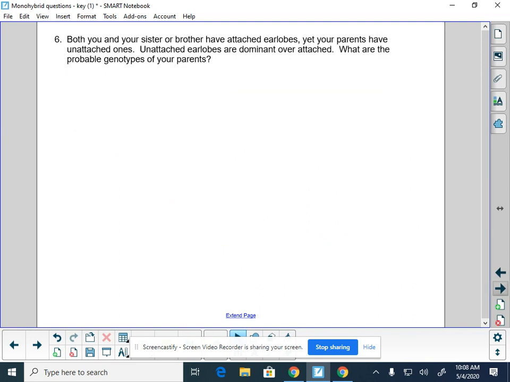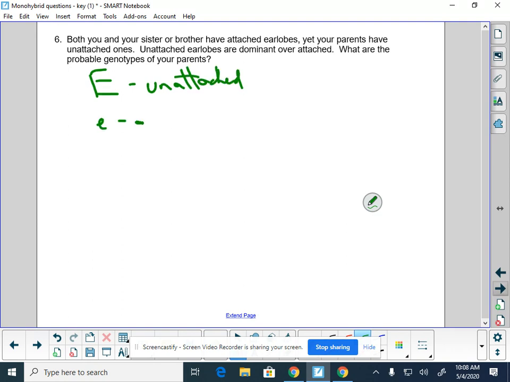Number 6: both you and your sister or brother have attached earlobes, and your parents have unattached ones. Unattached is dominant over attached. Again, a U is a bad letter because they look the same. So I'll pick an E for earlobes. Unattached is dominant. Lowercase e for attached.